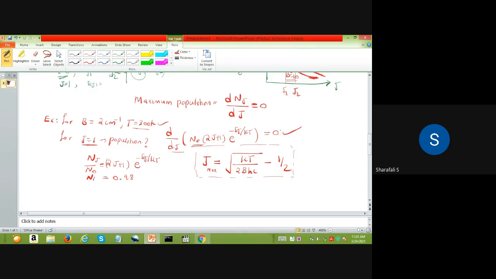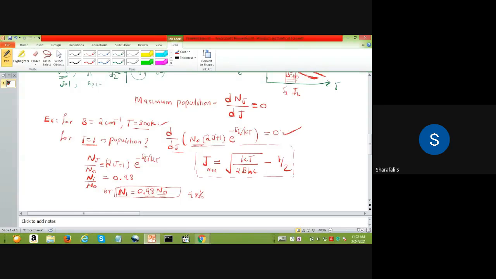So this becomes n1 by n0, because J equal to 1 now, or we can say n1 equals 0.98 n0. So the number of molecules at the level J equal to 1 is 0.98 times n0, which means 98% of the maximum n0 value is in the level J equal to 1.